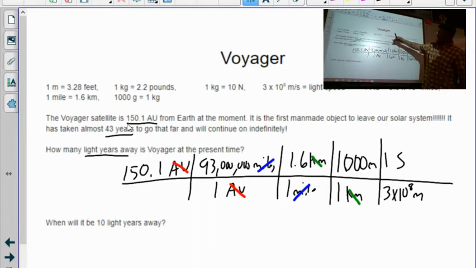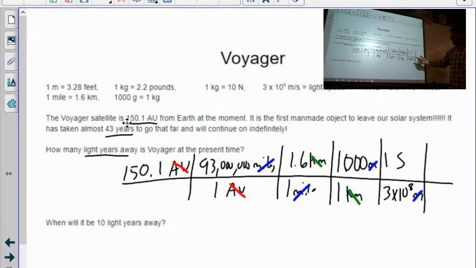I kind of flipped it over. Every 1 second, light travels that distance. Normally we would write it as 3 times 10 to the 8th meters per second, but I'm flipping it so I can cancel out my meters. So if I do all this out, my answer is going to be in seconds, light seconds.